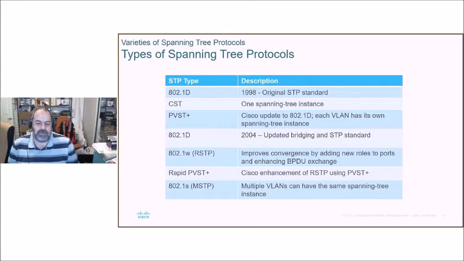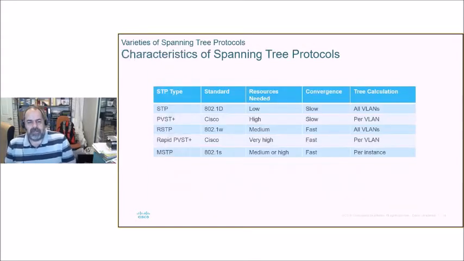Now, Cisco, of course, after rapid spanning tree came out, they did their rapid per VLAN spanning tree. And there is also MSTP, so it's multiple VLANs with a single instance of spanning tree. So basically, this table compares them, and of course, the two per VLAN ones are Cisco proprietary, the other ones are standards based.